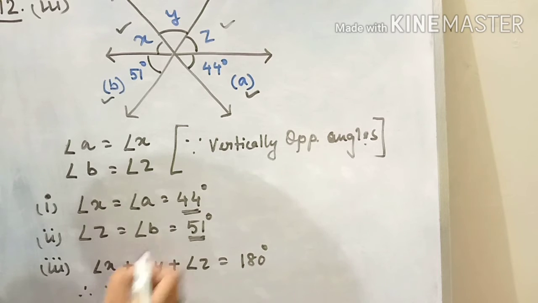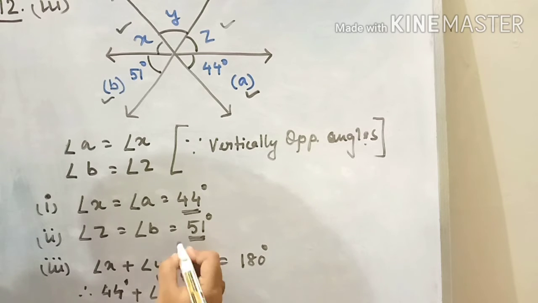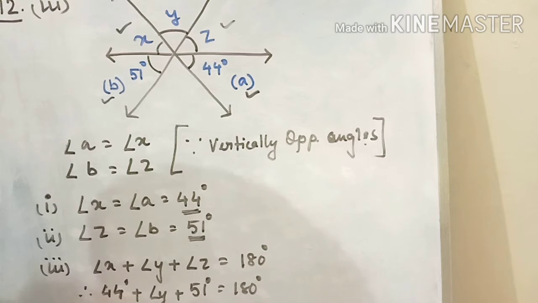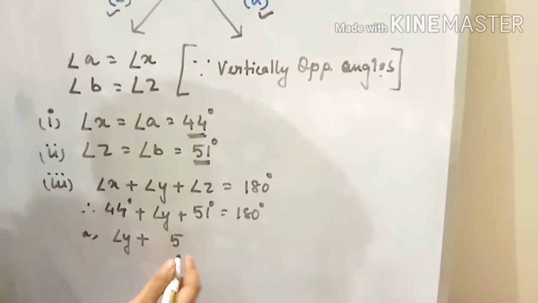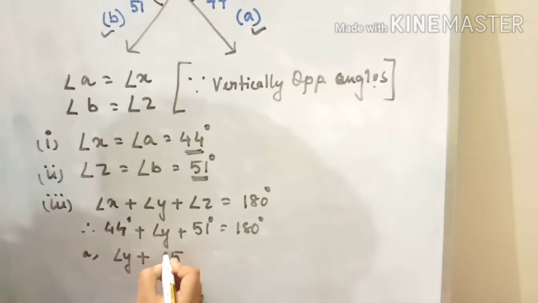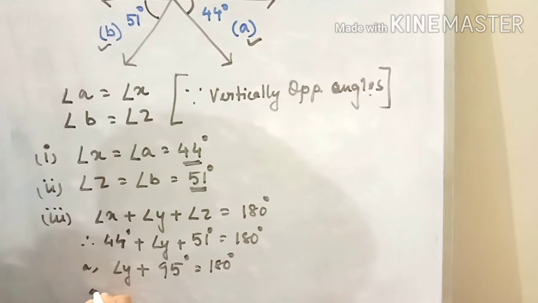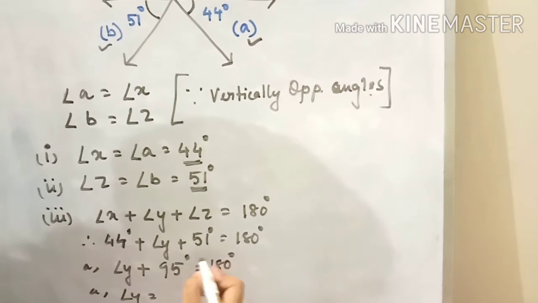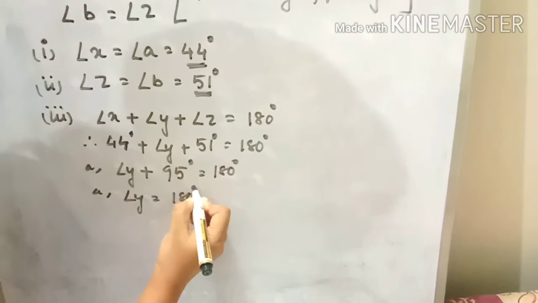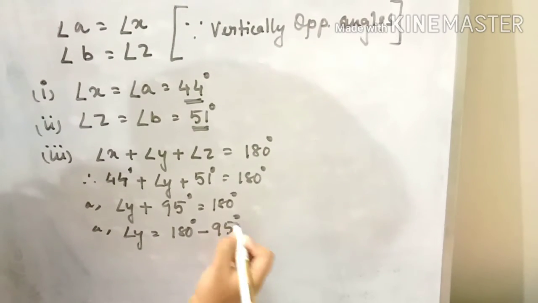Therefore, the value of X we have already got 44 degree plus Y we need, Z we have already got 51 degree. Now 180, or here angle Y plus 95 degree, or angle Y is equal to 180 degree minus 95 degree.